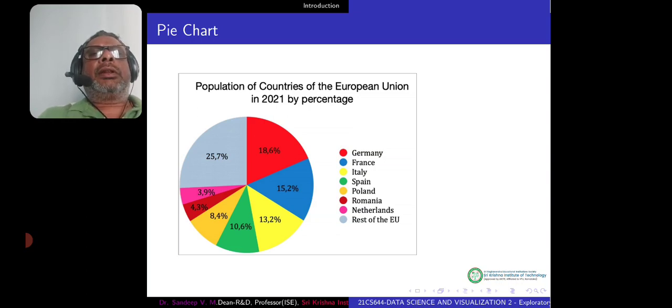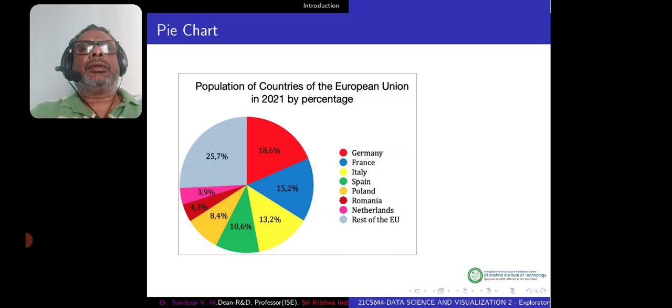So it is very clearly visible in the pie chart that quarter of that is gray colored, and the three things like red, blue, and yellow make almost half. That is Germany, France, and Italy together is almost half the European Union population, and so on.